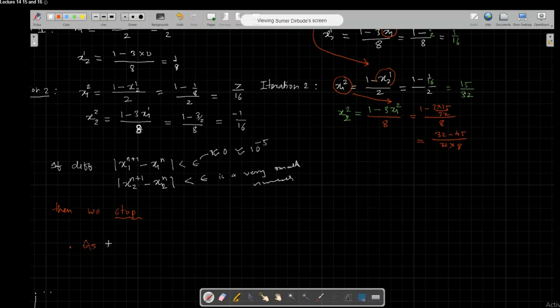As in the Jacobi method, latest values are not used, it is slow as compared to the Gauss-Seidel method.